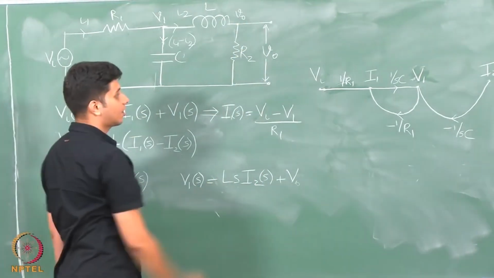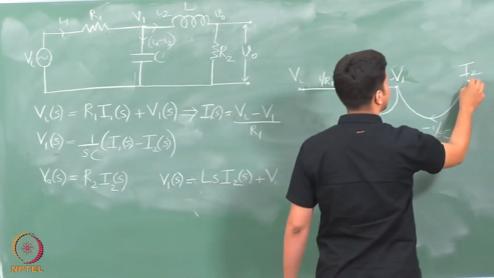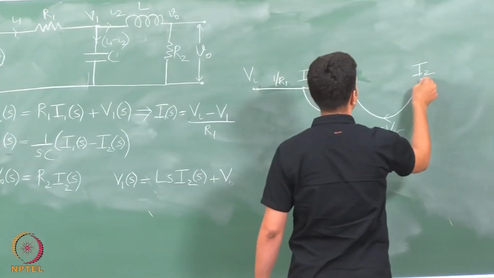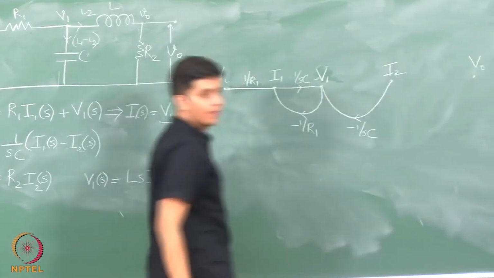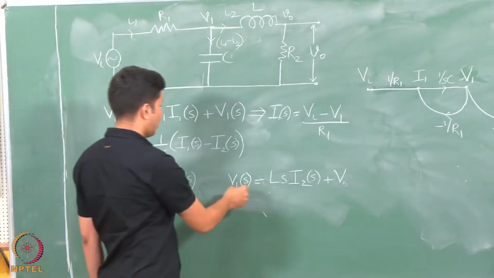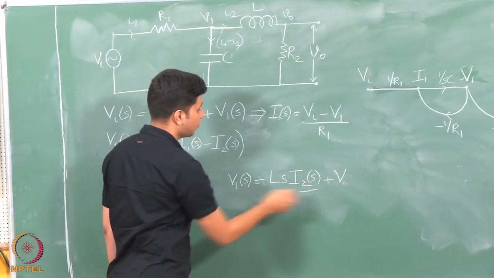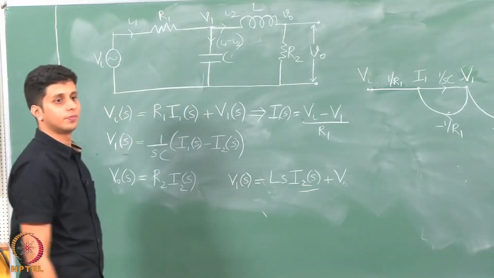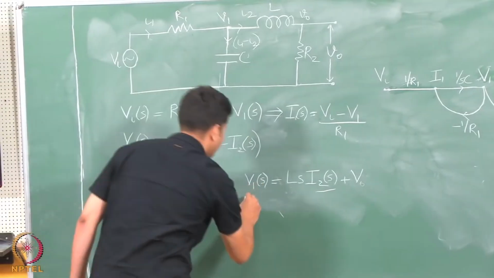So, why did I write it in this fashion? Because I have to observe that in the nodes I took, I2 is appearing between V1 and V naught. So, it will be easy to draw the signal flow graph if I have I2 in terms of V1 and V naught, right. So, what is I2 in terms of V1 and V naught?